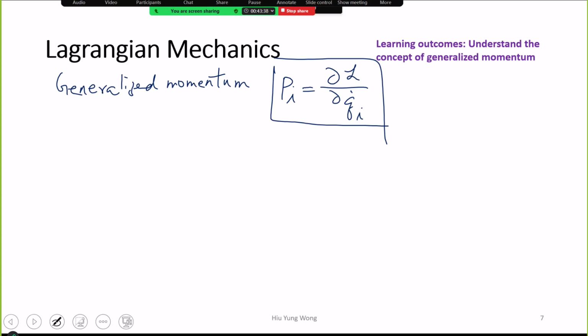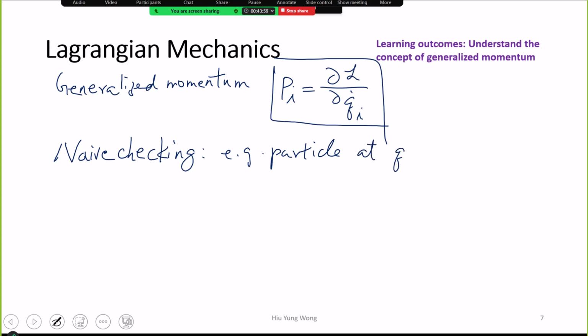The easiest thing to do is let's check it. Just a very naive check, because if this is correct, it should agree with our understanding. For example, I have a 1D particle at position q, traveling at velocity q dot.